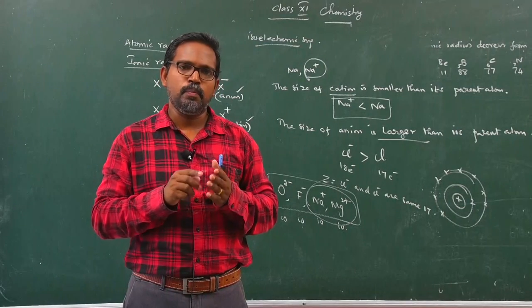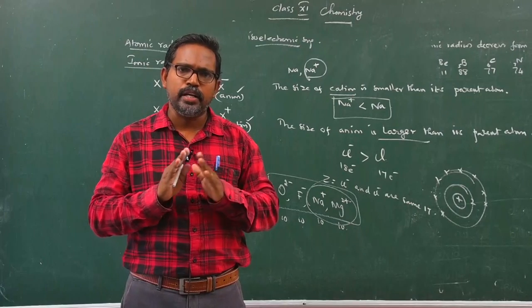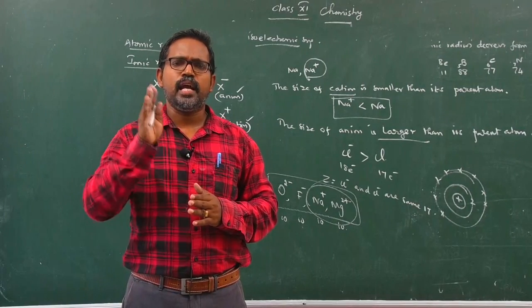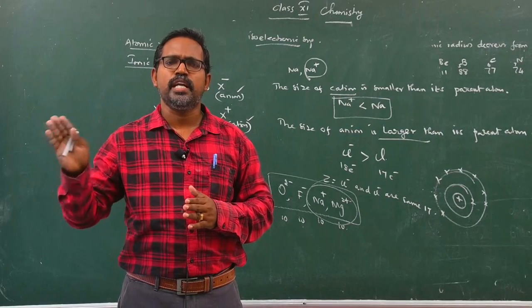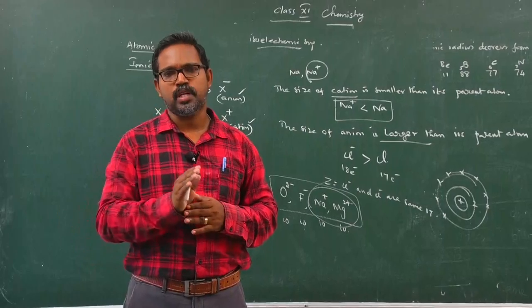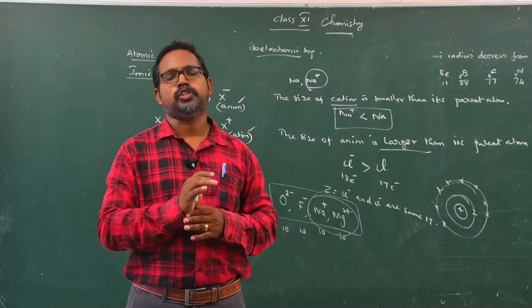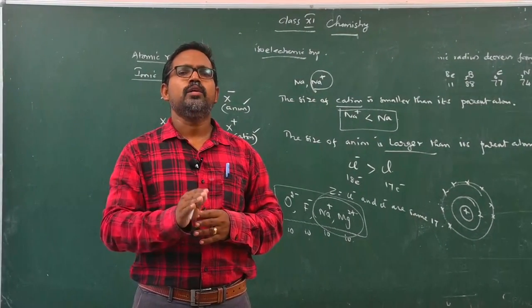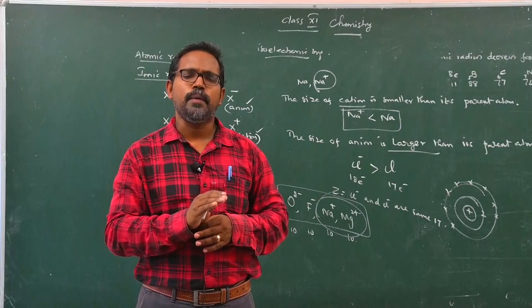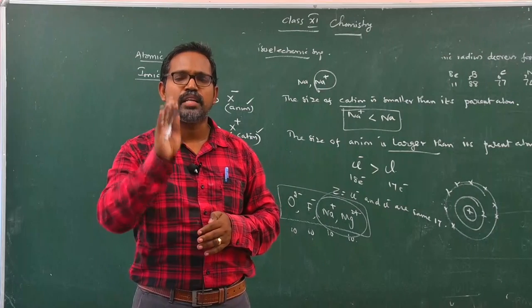First of all, what are atomic and ionic radii? How do atomic radii and ionic radii vary in the period as well as in the group, and give the reason for that. Why are noble gases not included when comparing the size of atomic radii?